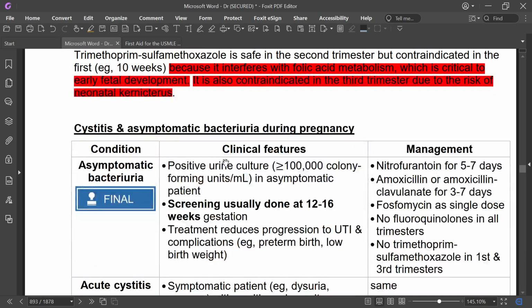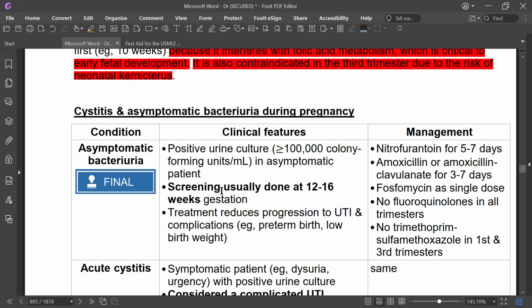Asymptomatic bacteriuria is a positive culture of more than 1 lakh colony forming units in an asymptomatic patient. Screening is usually done at 12 to 16 weeks of gestation. Treatment reduces the progression to UTI and complications such as preterm birth and low birth weight.